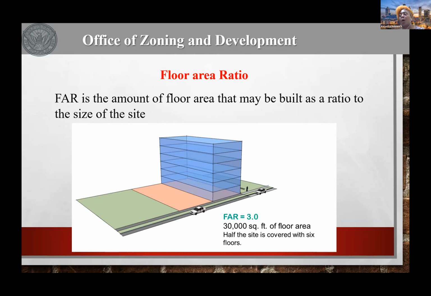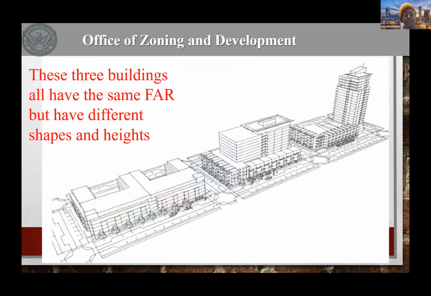But you really don't know what it looks like until it's actually built, because in this example, all 3 of these buildings have the exact same FAR, but they're built differently on the site. So for the average person looking at it, it doesn't really mean anything. But from a technical perspective, FAR is about how much is allowed on a particular site in particular areas.